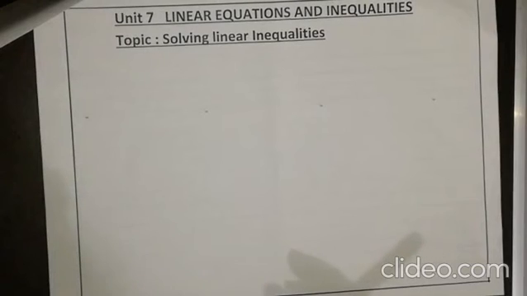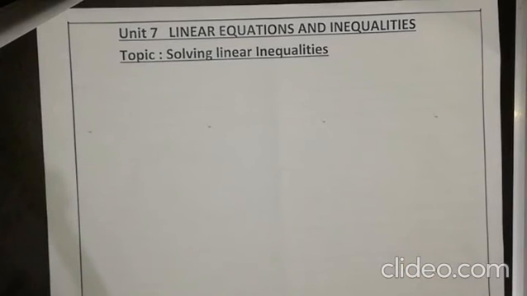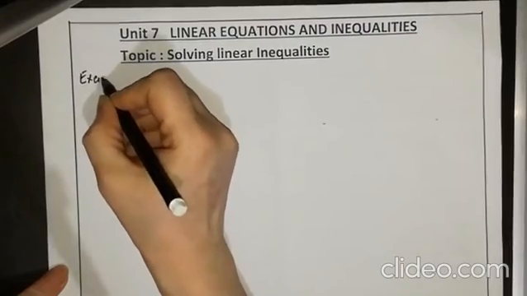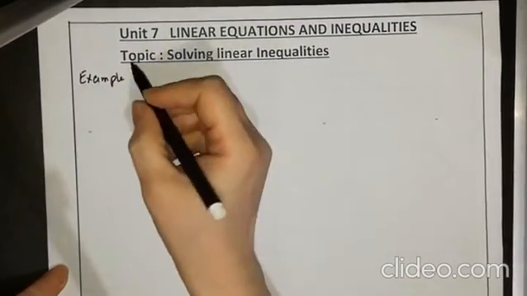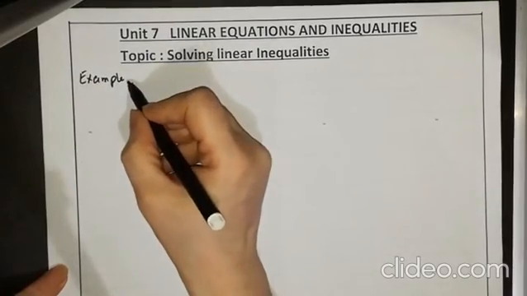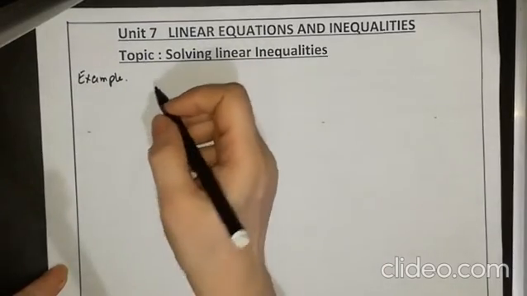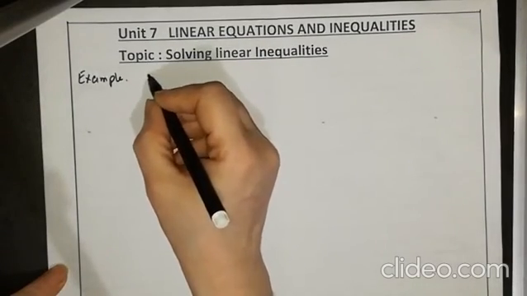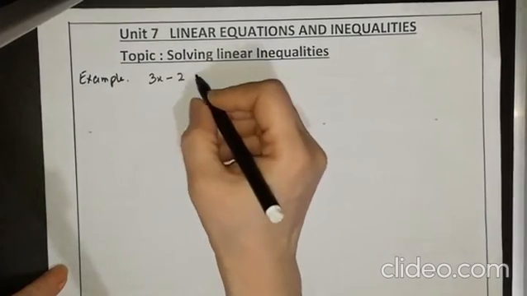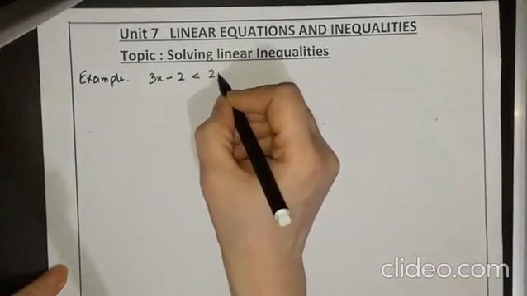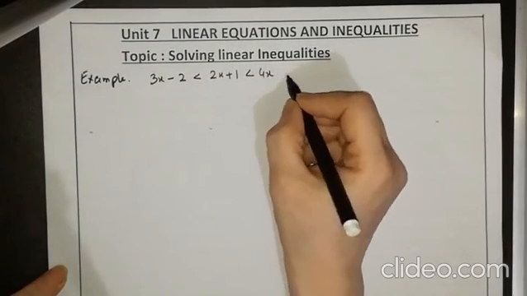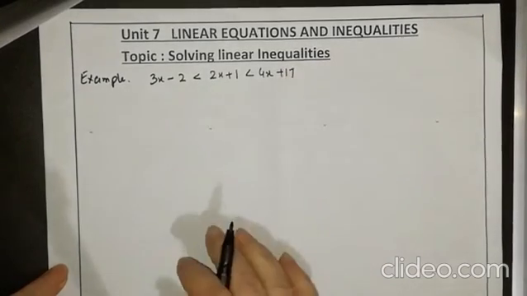So let's have one more question, which is a double inequality. Now this is your question number 2 of the exercise. Solve the inequations 3x minus 2 less than 2x plus 1 less than 4x plus 17.